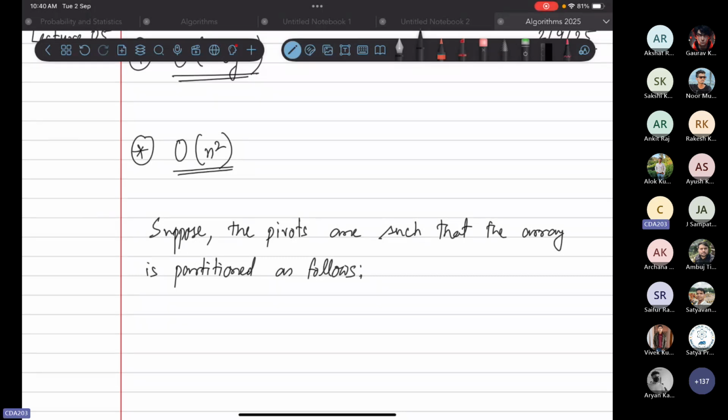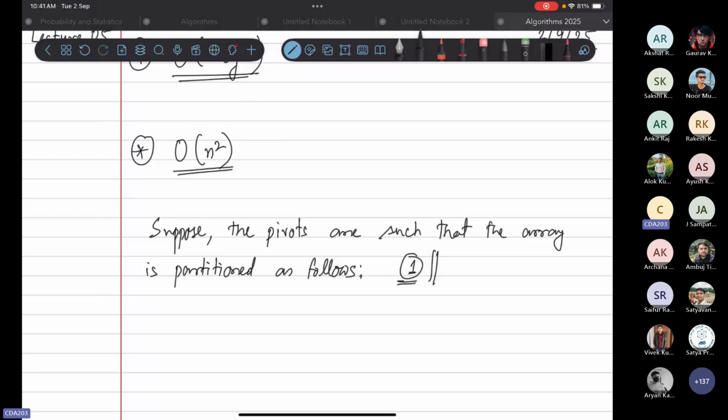What is this case? So one element is going in one part and the rest of the other elements. So one of them is pivot. So how many remaining elements are there?